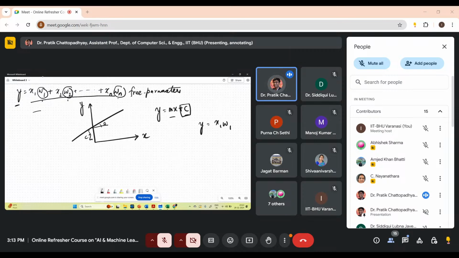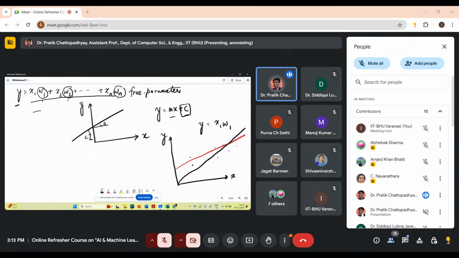For example, if we have a set of data points like this, the correct line should look something like this, which passes through the points. But using this model, the line that we will get is the best fit line that passes through the origin, because we don't have this bias term here.